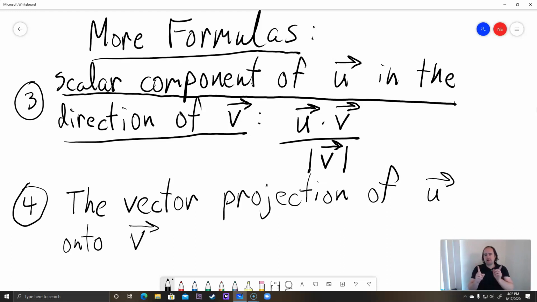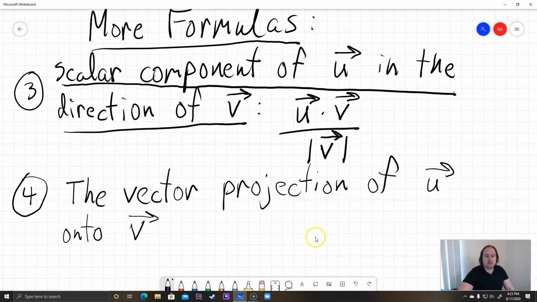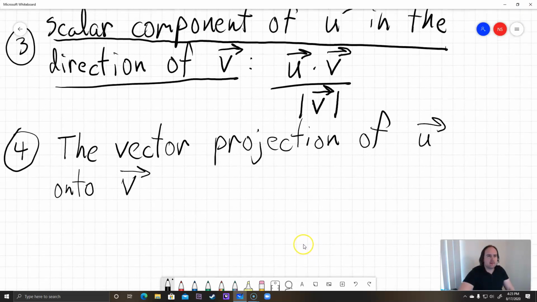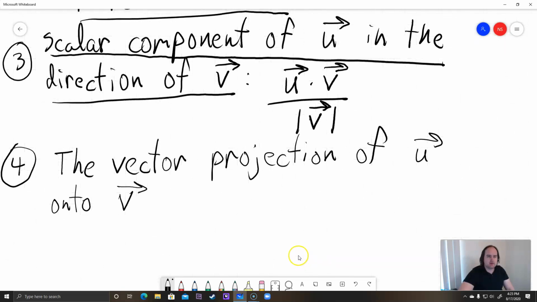However much of the first vector goes onto the other vector, that's going to form a new vector, called the vector projection of u onto v. And again, our book has some nice pictures of that, but here we're mostly here to learn about the math, not so much the details of the pictures.